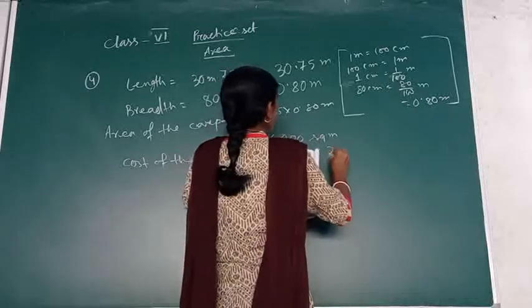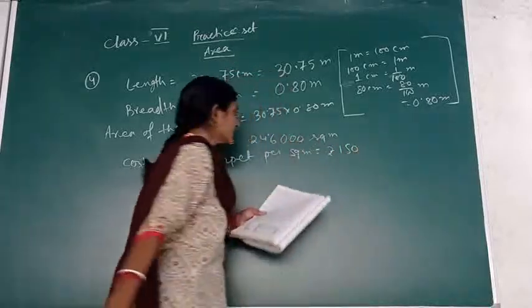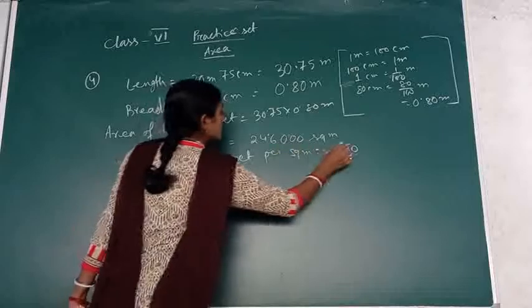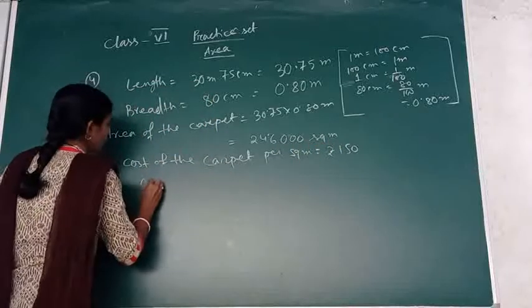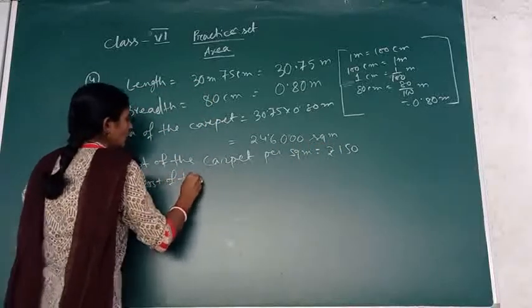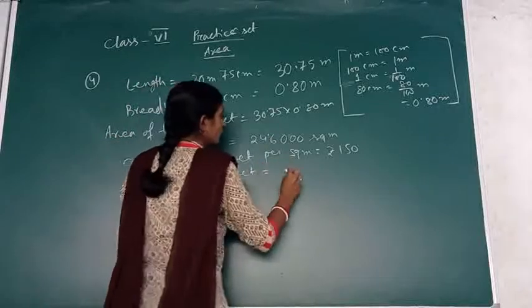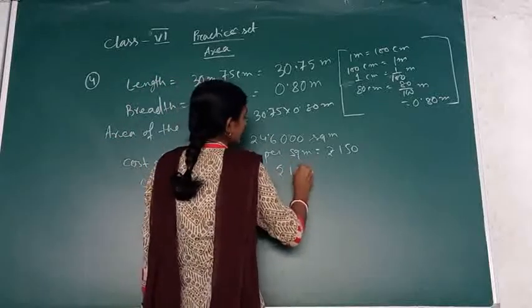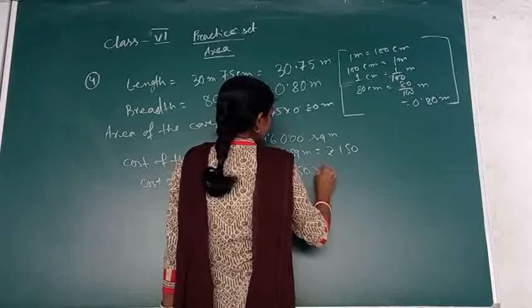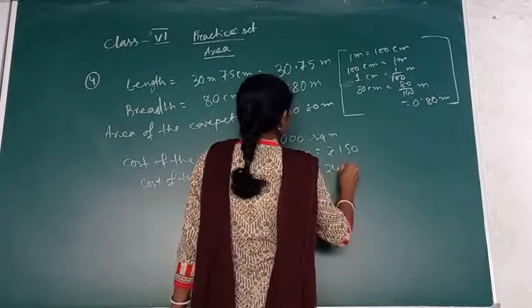It is given rupees 150. Yes, so what will be the cost of this much carpet? So cost of the carpet equal to what we will do? We will multiply it with rupees 150.